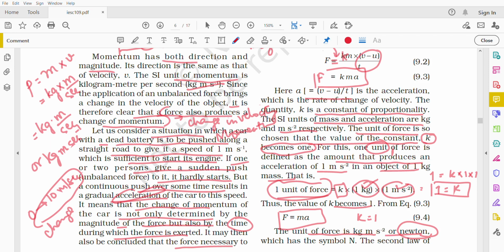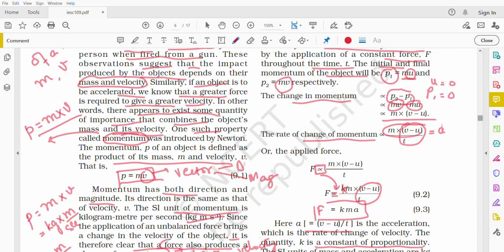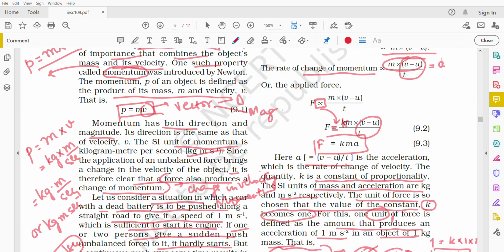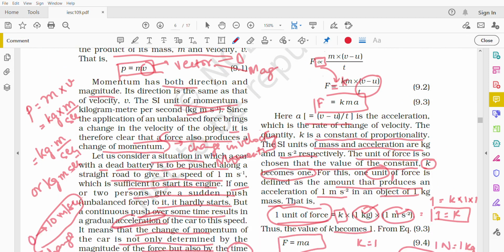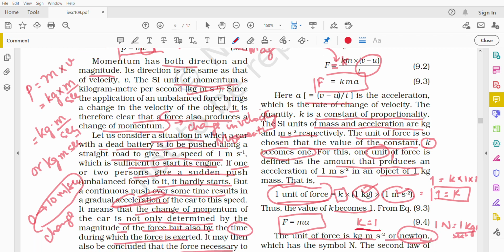That is Newton, and 1 Newton is equal to 1 kg meter per second square. It's written here also, no need to worry.